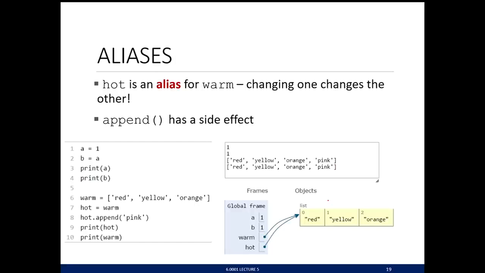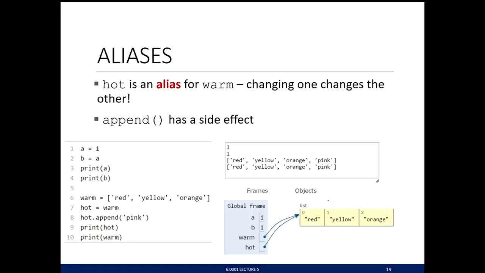I have warm as a variable, and it's going to be equal to this list. So warm is going to point to this list here: red, yellow, orange. It contains 3 elements. hot is equal to warm means I'm creating an alias for this list, and the alias is this variable hot. So notice warm and hot point to the exact same object.